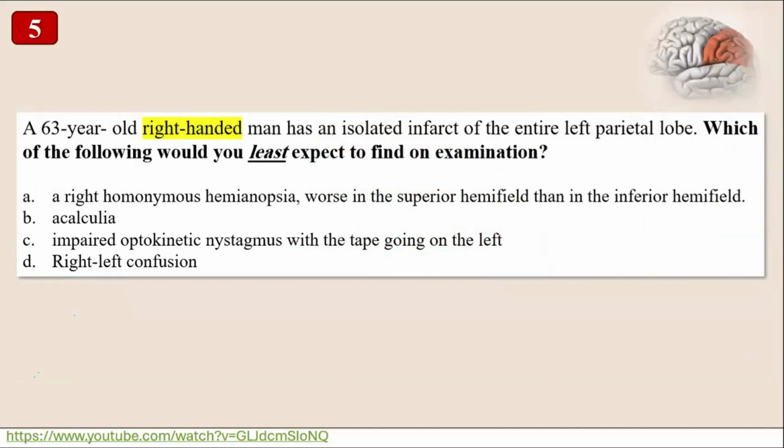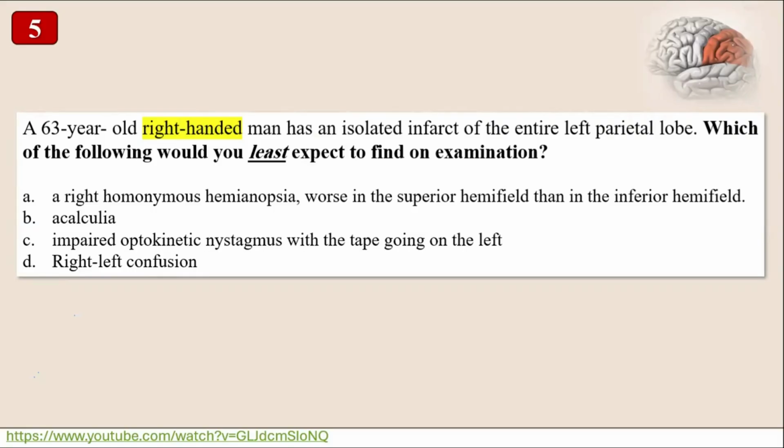All right, so let's answer this MCQ question. Read it aloud and answer it, please. A 63-year-old right-handed man has an isolated infarct of the entire left parietal lobe. Which of the following would you least expect to find on examination? A, a right homonymous hemianopsia worse in the superior hemifield than in the inferior hemifield. B is acalculia.